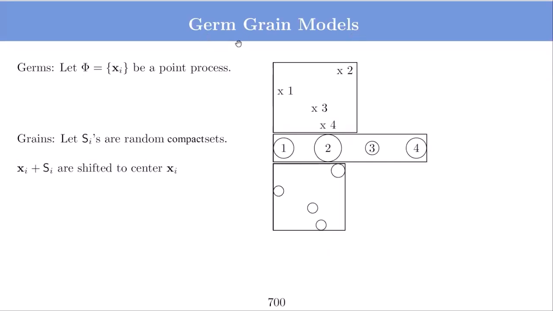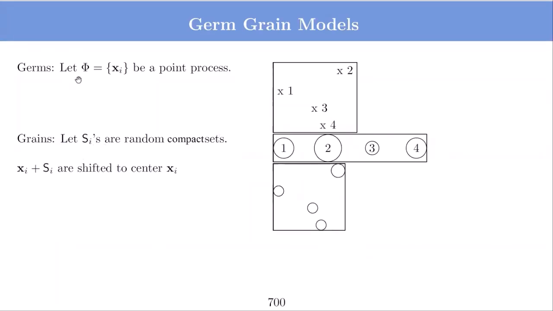There are two components here, germs and grains. Let phi denote a point process, right? This will be made of multiple points, and these points are known as germs. Then let's have a collection of random compact sets, S_i.